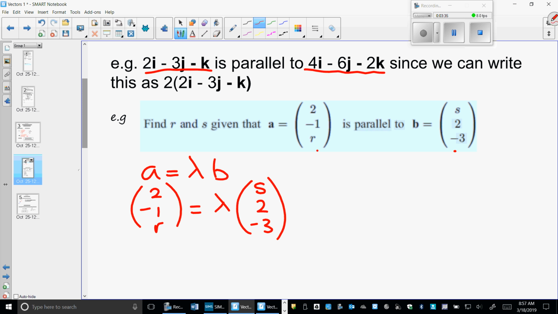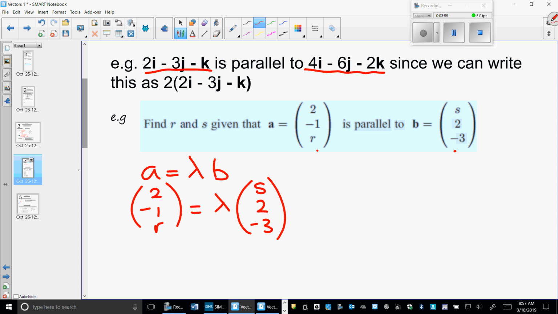Because we would make this statement, we need to somehow find the value of lambda. How can we do that? So here I've got a 2, and here I've got an S, so they can't be compared because I don't know what S is. Here I've got negative 1 and a 2, and here I've got an R, I don't know what that is, and negative 3.